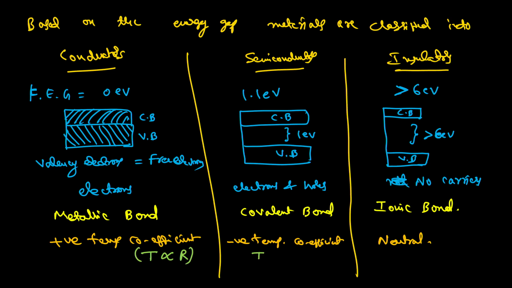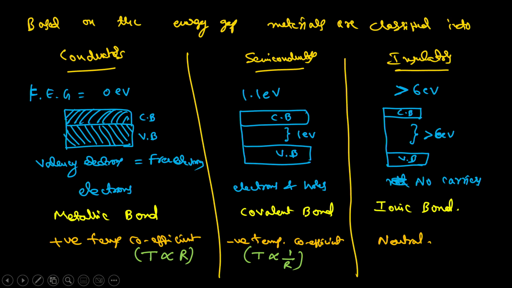A negative temperature coefficient is nothing but temperature and resistance of the material are inversely proportional. That means if the temperature increases, the resistance of the material decreases. So in semiconductors, if the temperature increases, resistance decreases. But in conductors, if temperature increases, the resistance of the conductor also increases, because conductors follow the positive temperature coefficient.